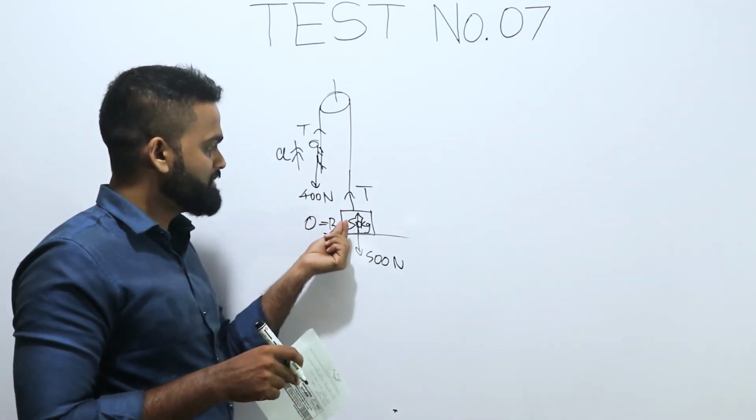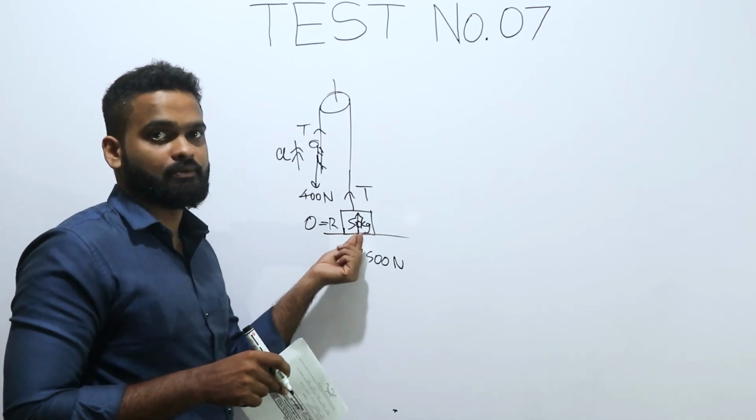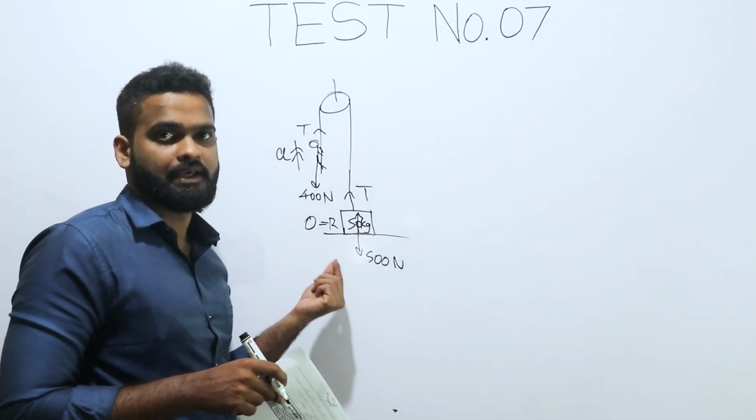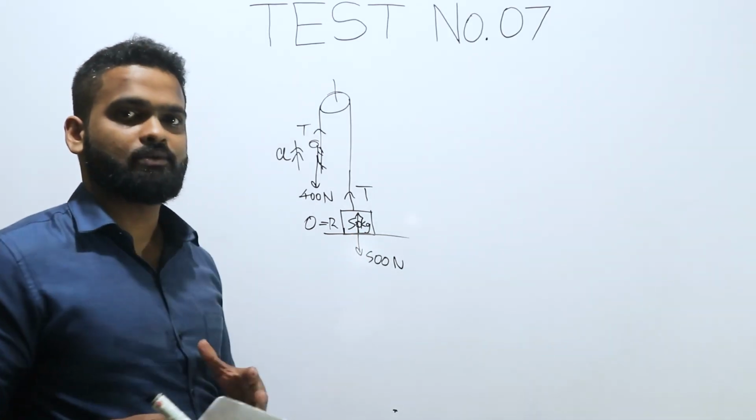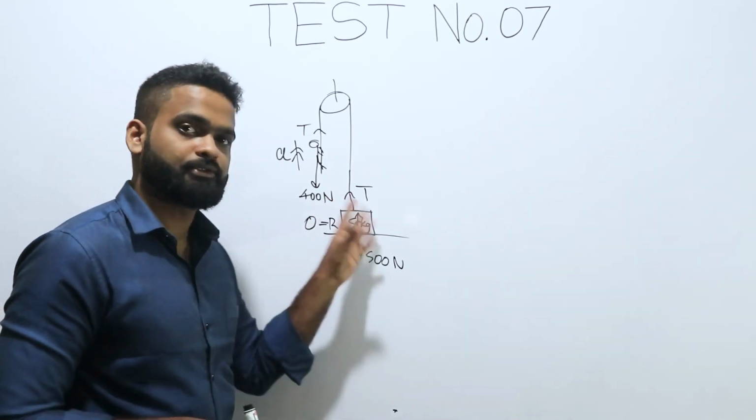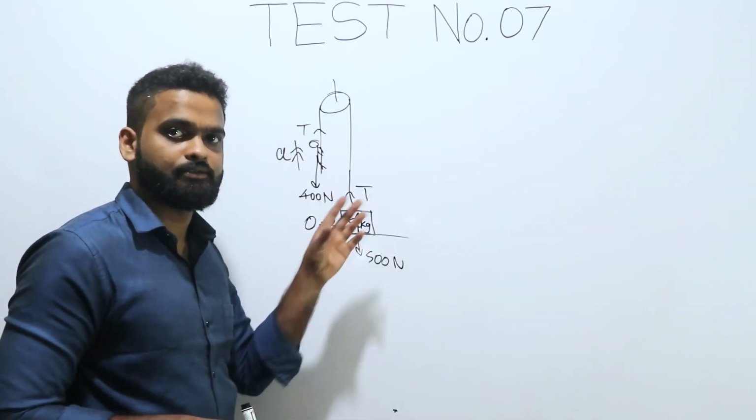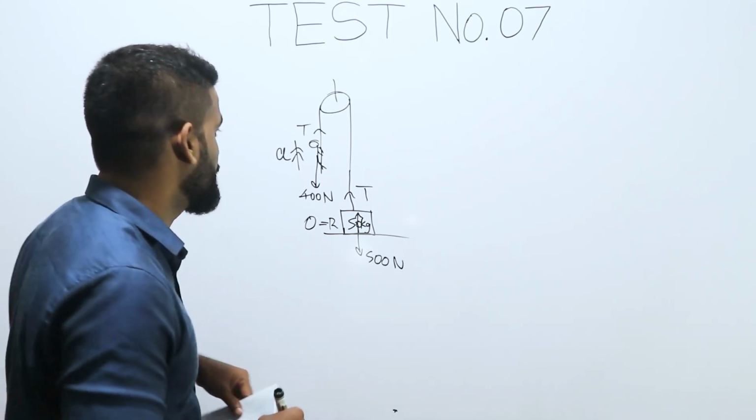So this should have the minimum normal reaction force, which is 0 in this case. Okay, we just have to apply Newton's laws to these objects, to the child and to the 50 kilogram.